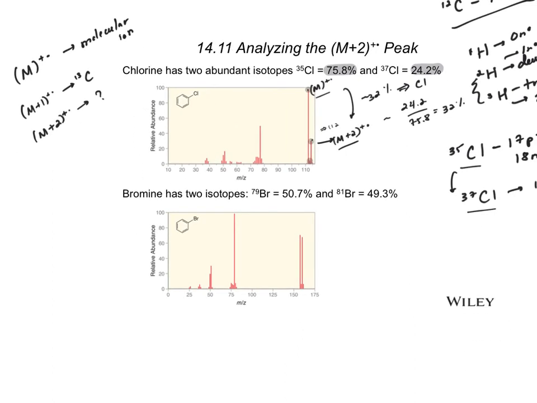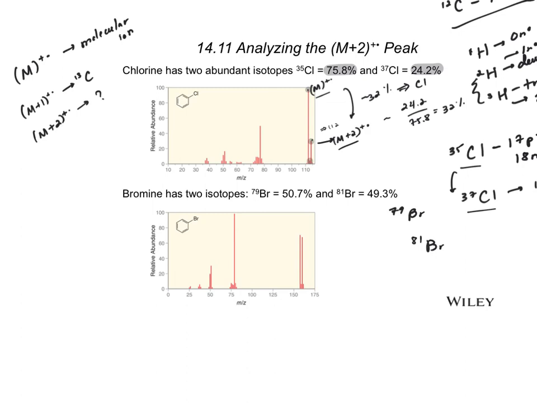Okay, so then the last one that could potentially give an M+2 peak is bromine. So bromine has 2 isotopes as well. We have a bromine 79 and we have a bromine 81, right? These are our 2 isotopes of bromine. So let me just write that, 79 bromine and then 81 bromine.